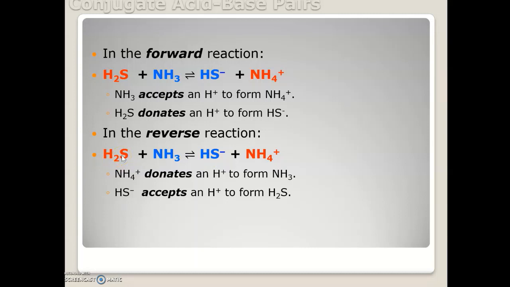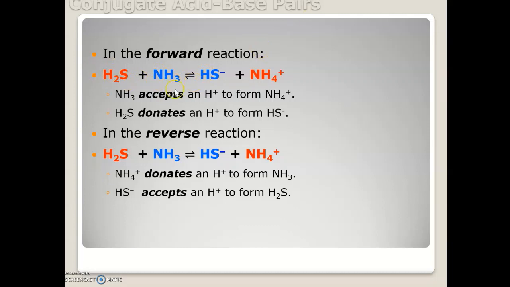H2S. So if we consider the forward reaction, H2S is the one that donates H plus, so H2S is an acid. Ammonia receives H plus from H2S, so ammonia is a base.